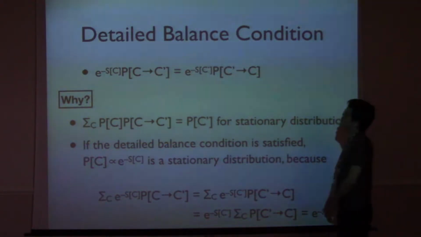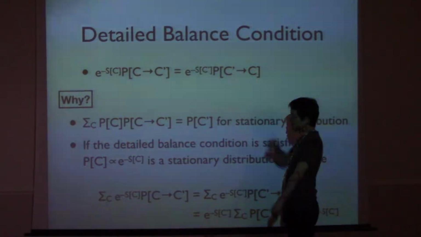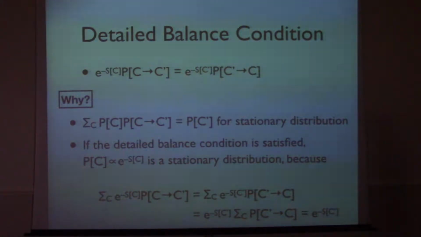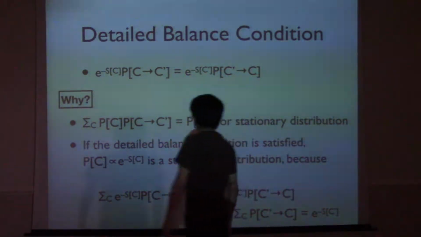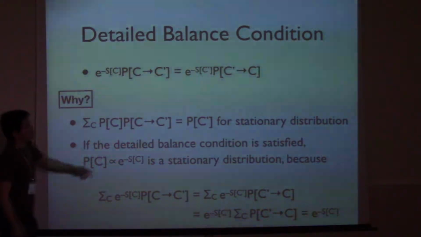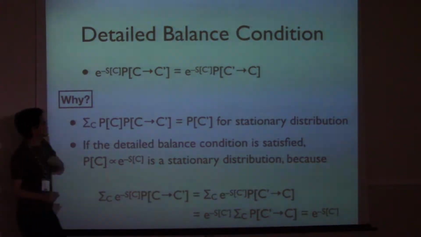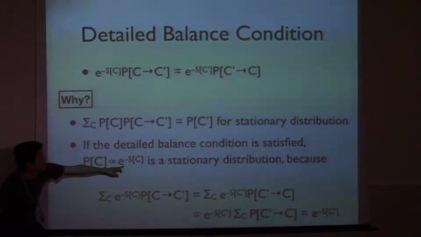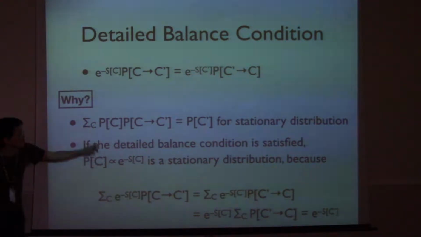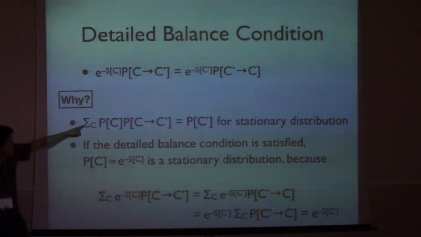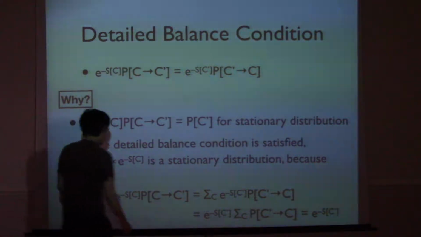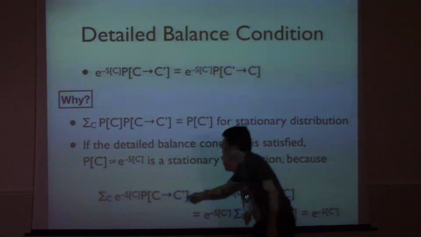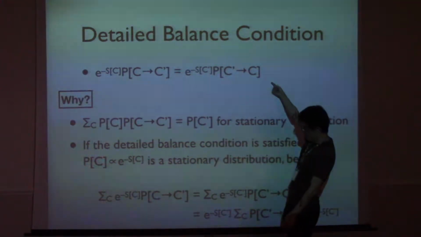However, if this detailed balance condition is also satisfied, then we can calculate this stationary distribution in a simple manner like this. So we can show that exponential minus s of c satisfies the stationarity condition, because of the detailed balance condition.